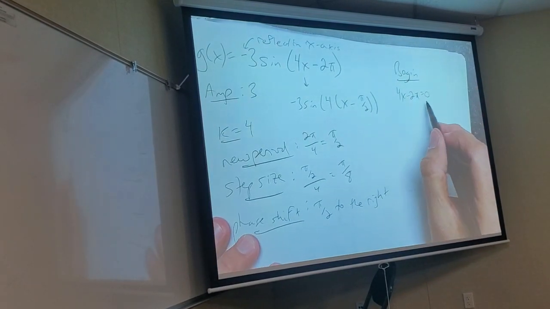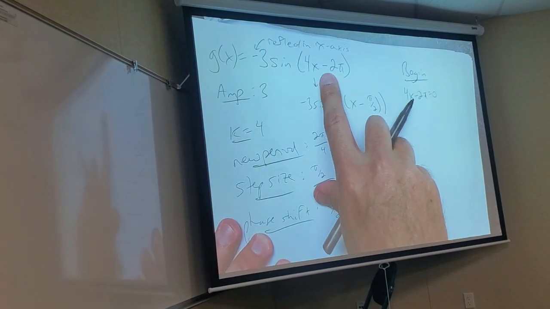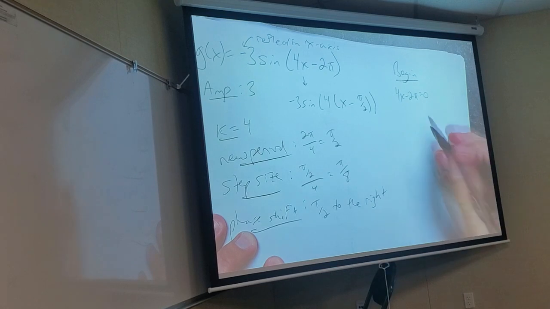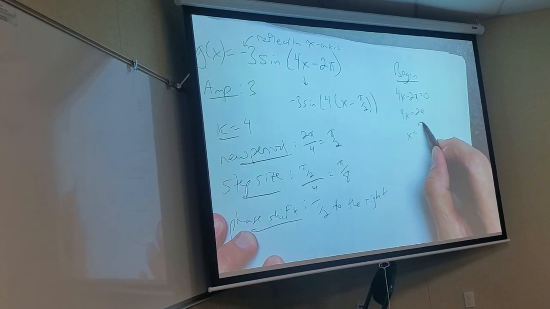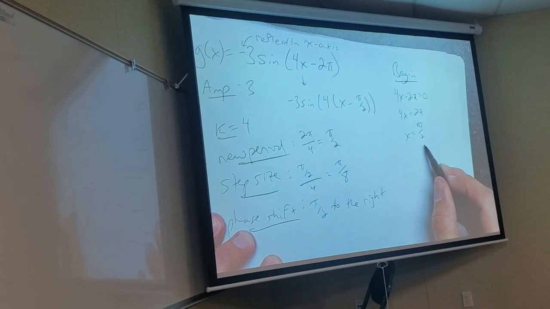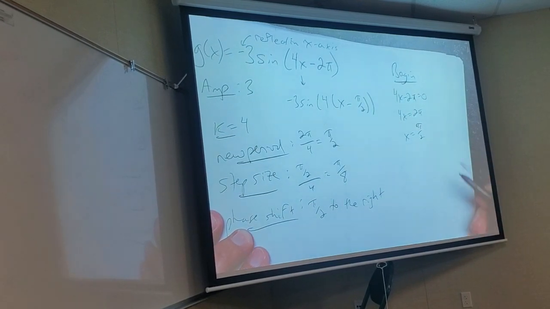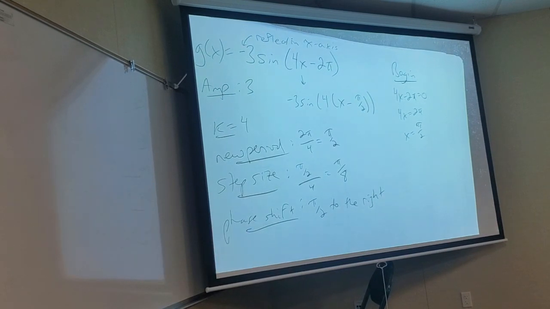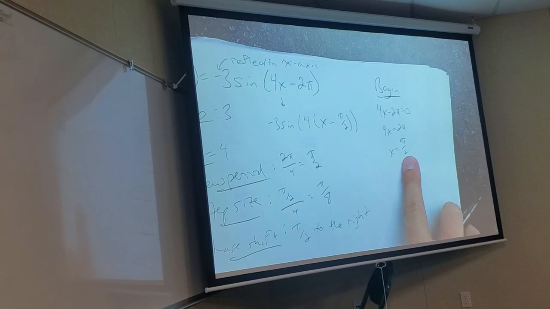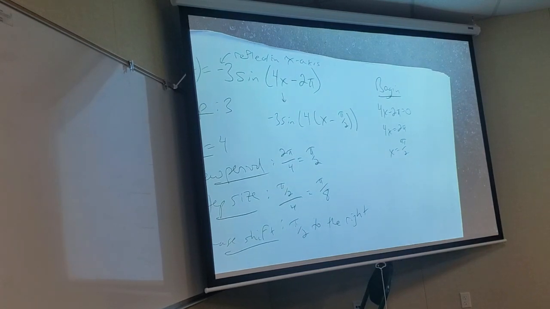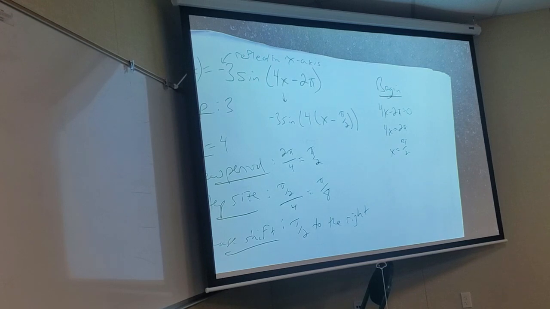So if I want to see where this new function begins, it normally begins when the inside is 0. So I set the inside as 0 and solve, and I get something very familiar. It makes sense it starts at pi over 2 now. Maybe some of you see why this is unnecessary. Where did sine normally start? 0. Now I shifted it pi over 2 to the right, so of course it starts at pi over 2. But it feels good when you're first learning to have a lot of checks and balances.